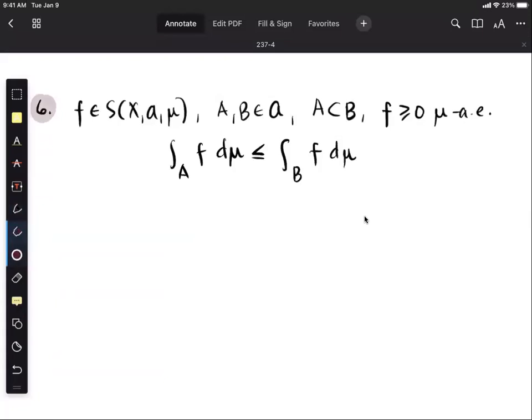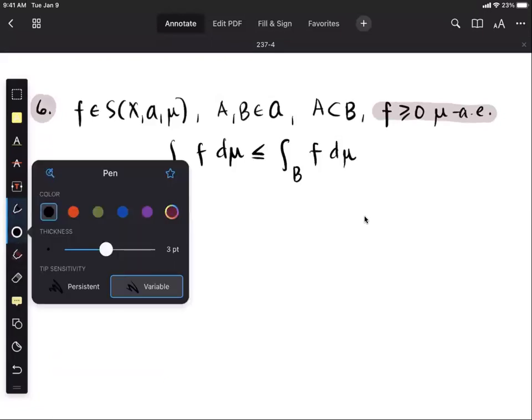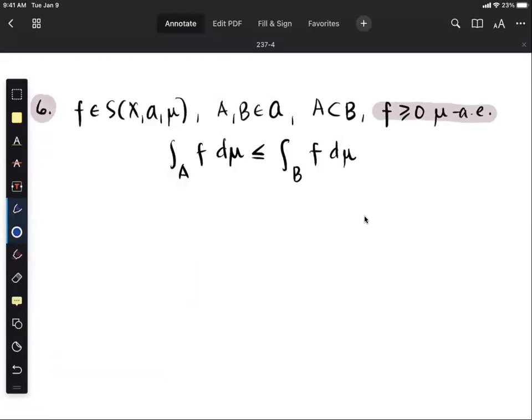I would like to emphasize that this condition here is crucial. So, to give a simple example in terms of the Riemann integration, let us consider the function f from R to R, let's say the sine function.